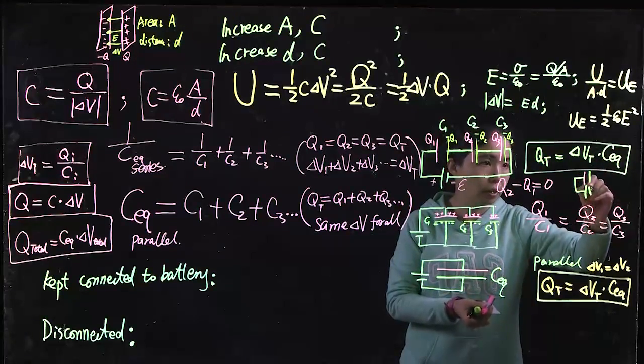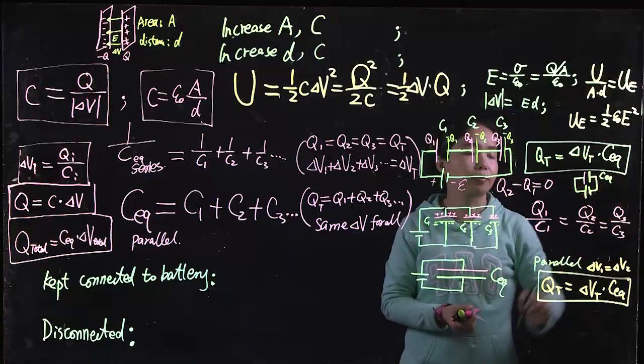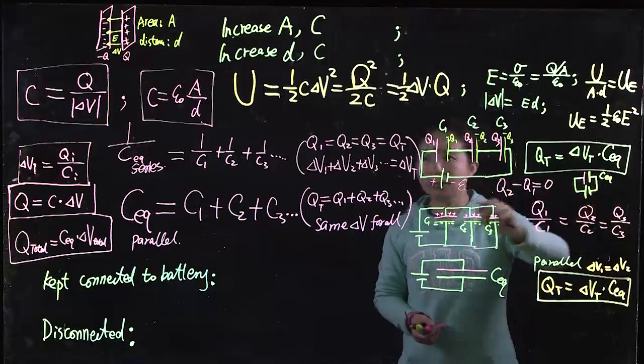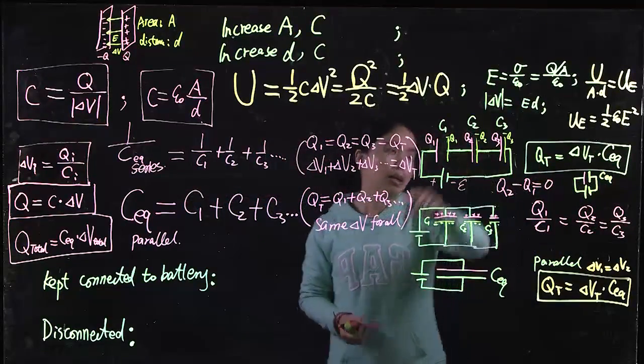That's your battery, and that's your C equivalent. The equivalent capacitor, as you're going to find out later, combined this way is going to be smaller than any one of them.